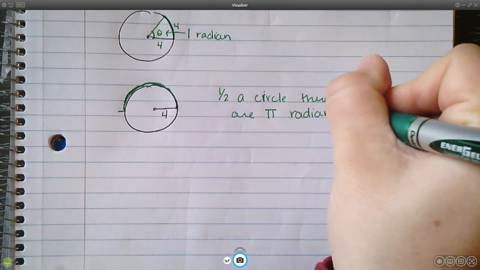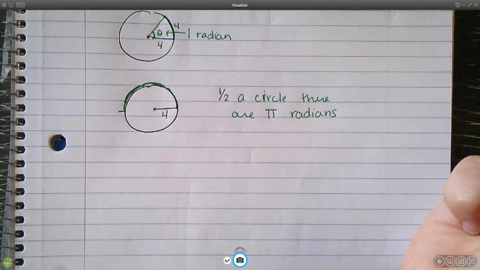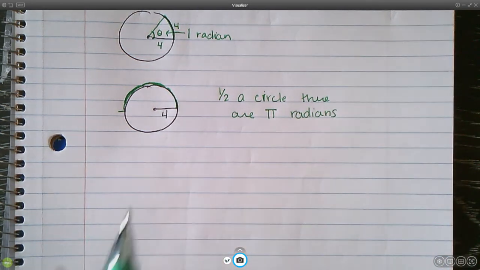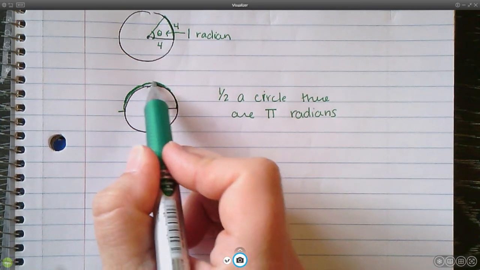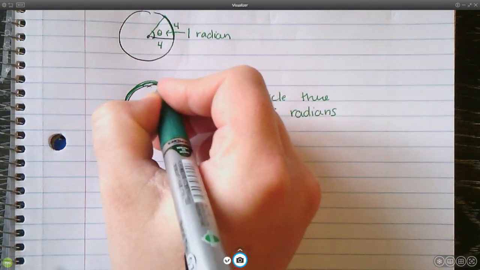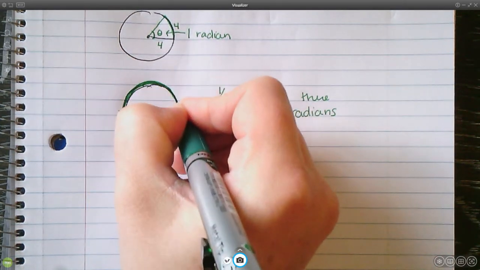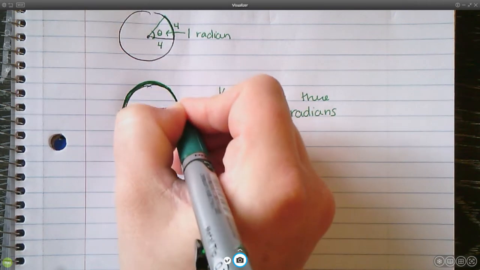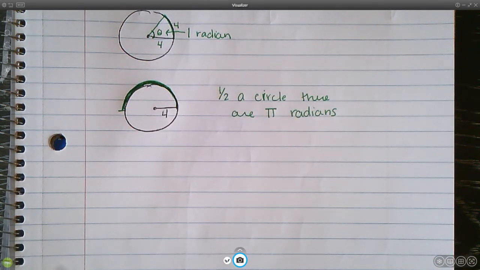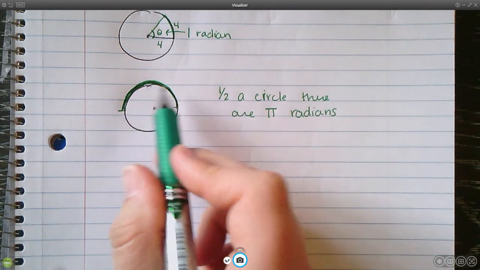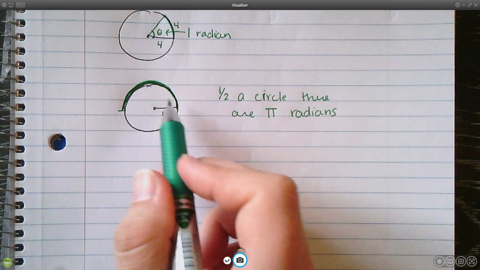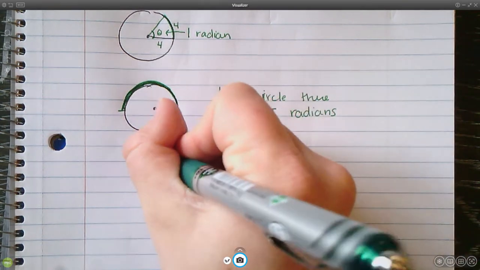So pi radians. Now let's pretend instead of finding radians, I want to know how many degrees this is. So in an entire circle, how many degrees are there? 360. So how many are going to be in half of a circle? 180. So let me write that quick.